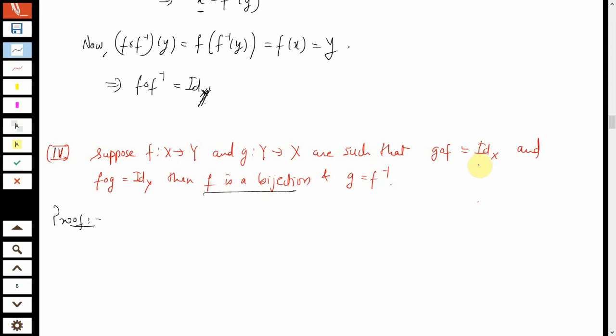I use the fact that g composite f is one-one. Whenever g composite f is one-one, then f has to be one-one, because if f is not one-one, then g composite f is not going to be one-one.